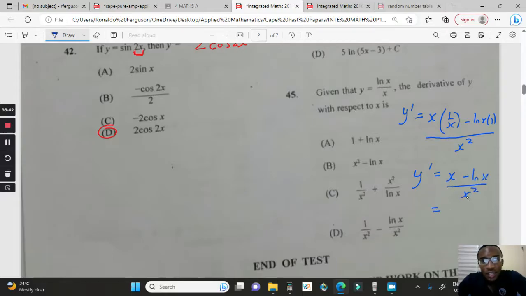Simplifying it, x over x squared is 1 over x, minus ln x over x squared. So 1 over x. Whoa, where's our answer? We started with the bottom, we differentiated the top, minus the top times the derivative of the bottom, over the bottom squared.